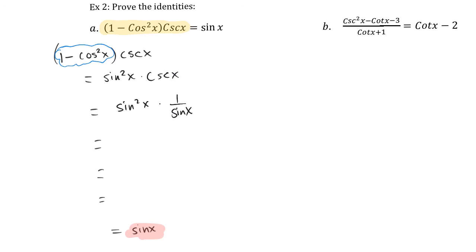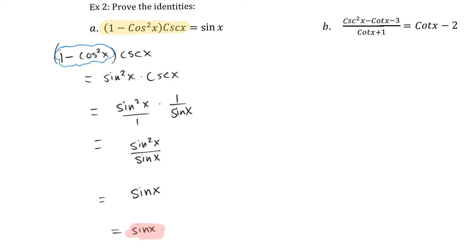And now I'm going to multiply my fractions, just multiply straight across, and I would get sine squared x over sine x. Then I'm going to simplify this fraction. So then that would be sine of x. And that was my goal.